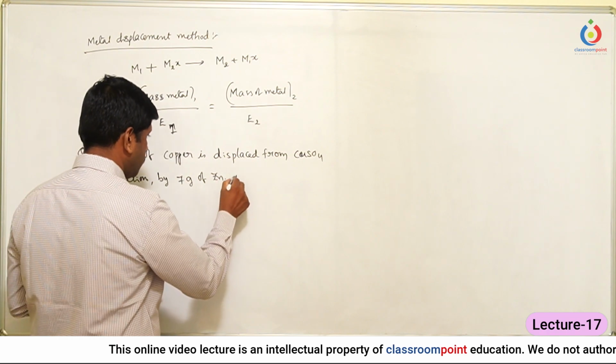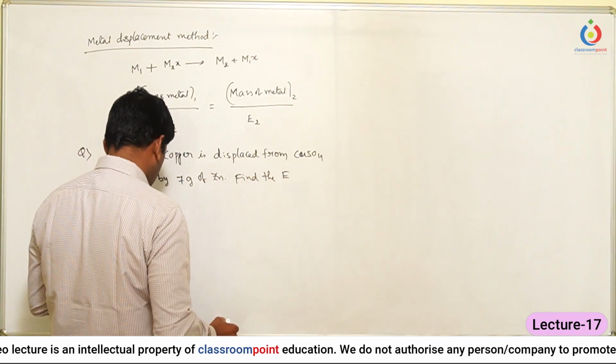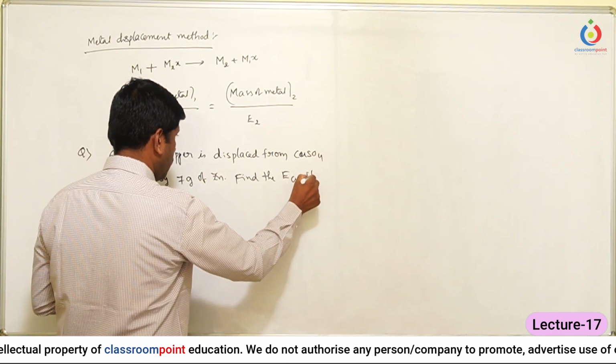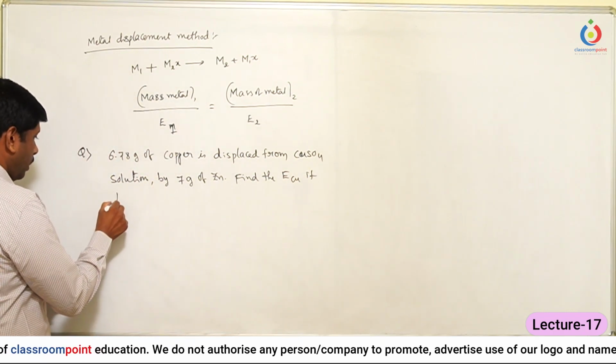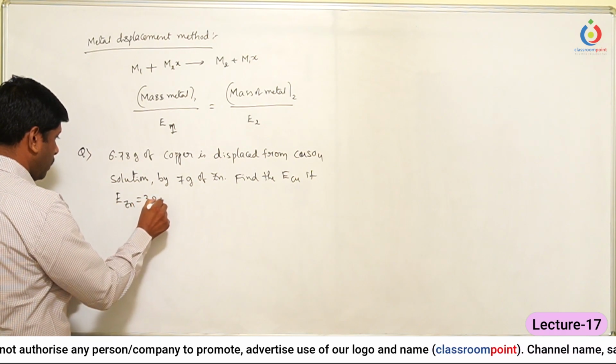Find the equivalent mass of copper if the equivalent weight of zinc is given as 32.5.